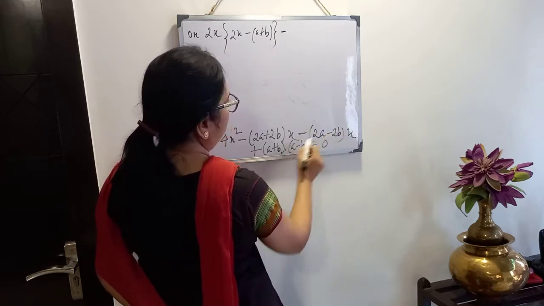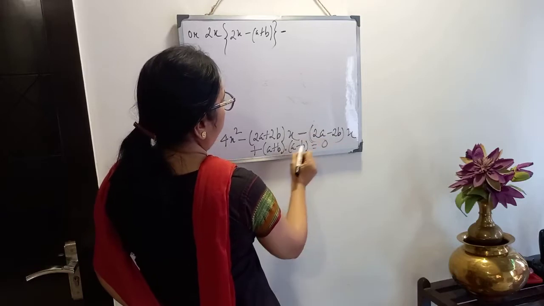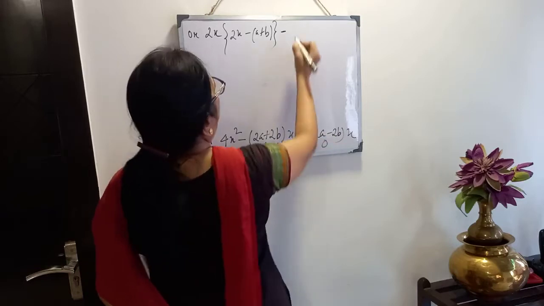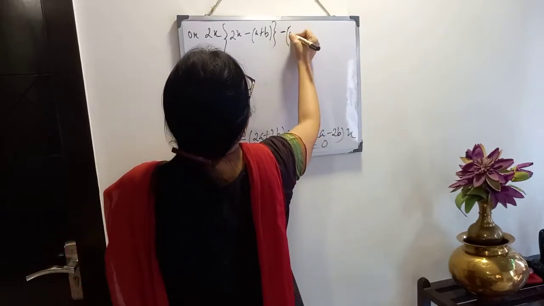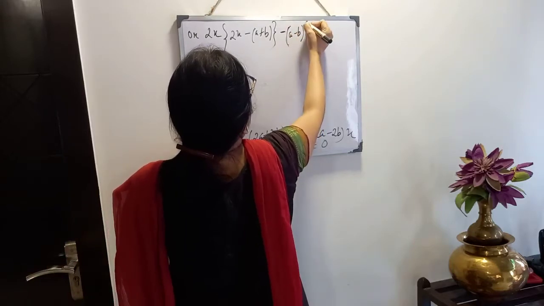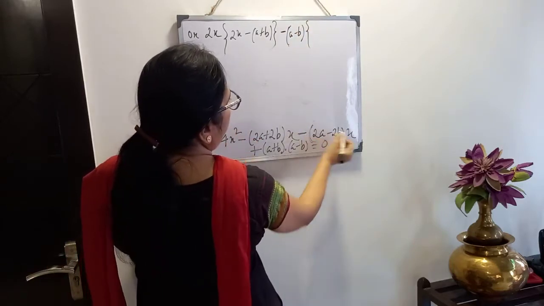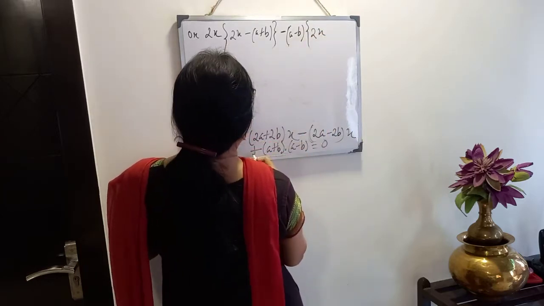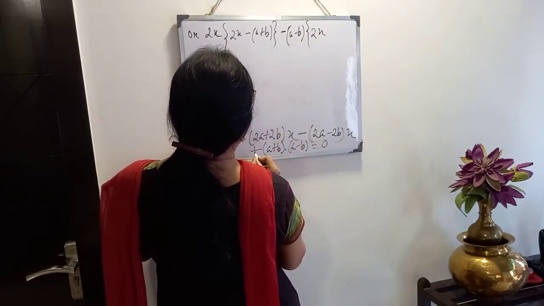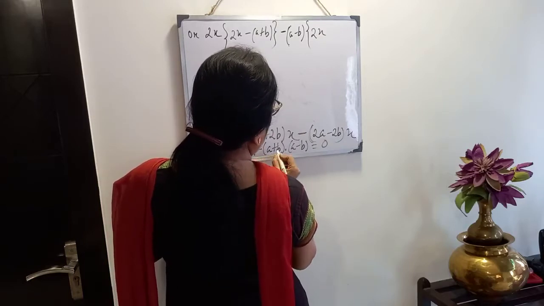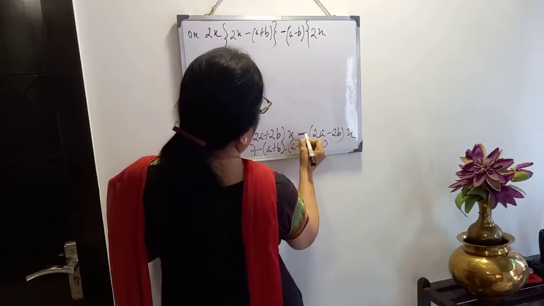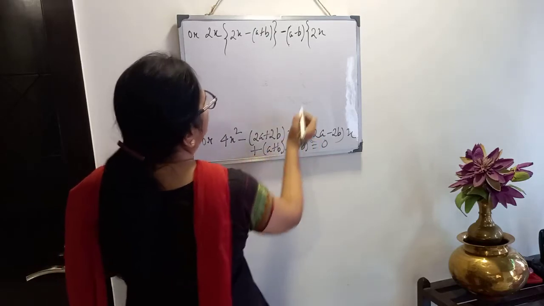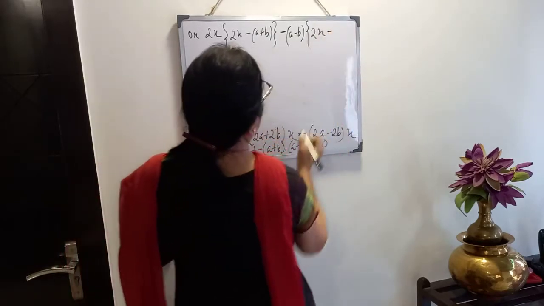So in these two terms a minus b will be common. So a minus b, inside, 2 I am taking outside, so 2x, and there is minus I have taken common. Clear? So there is plus, so inside the bracket it will be minus.